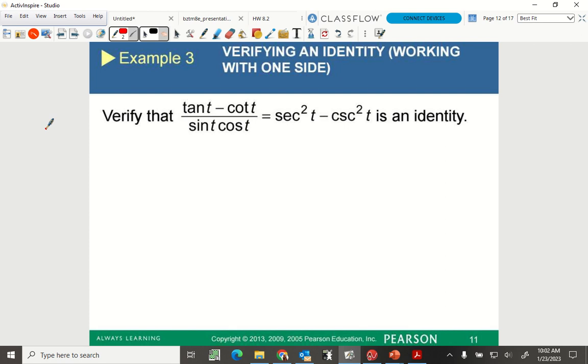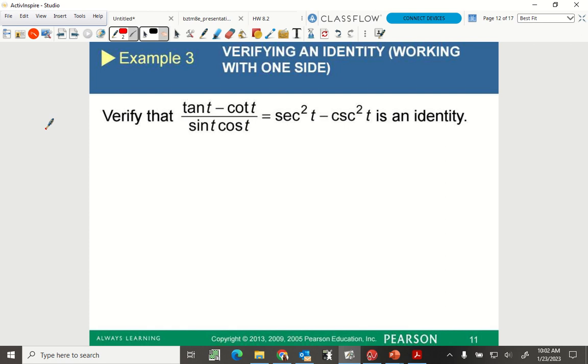Okay, so anyway, all right, verify that this is an identity. This is a hot mess, isn't it? Okay, so first, let's translate it into algebra. X, Y, and R, but in this case, my R value is always 1.